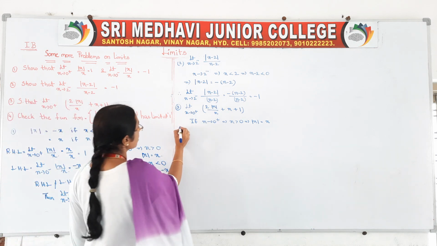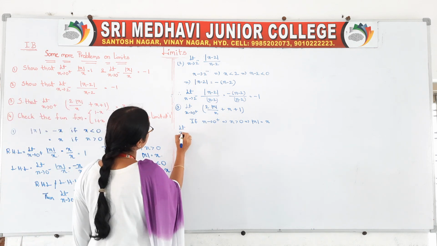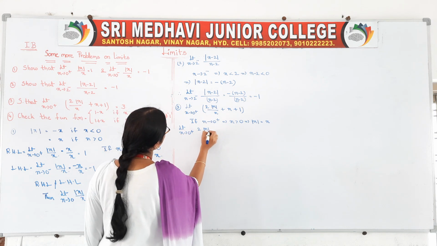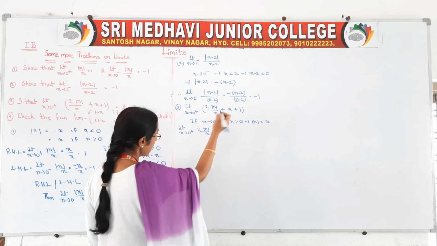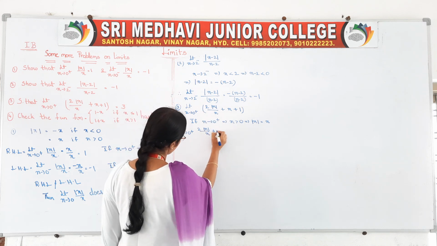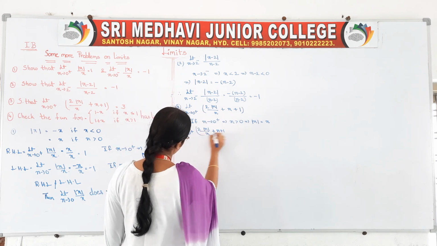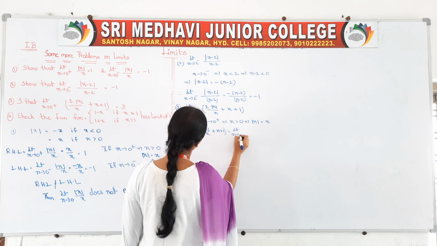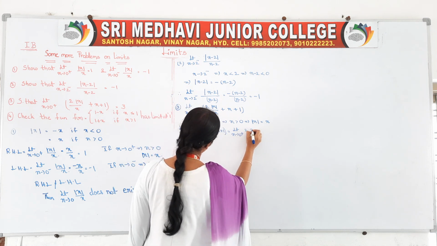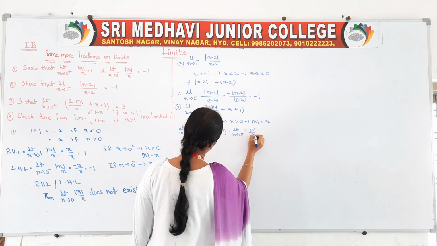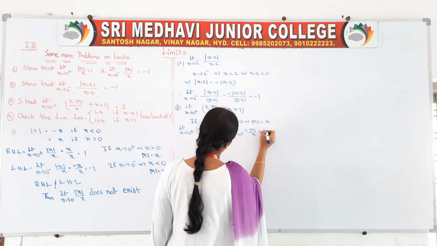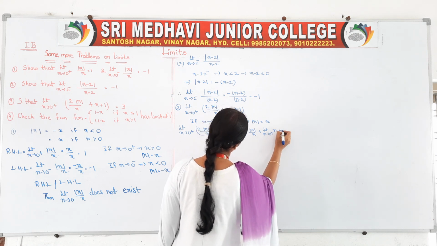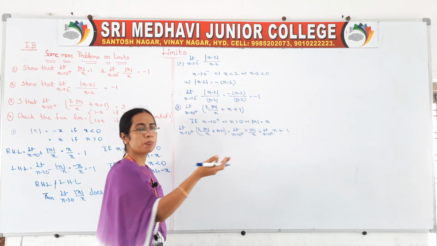So, now you take your question, limit x tends to 0 plus 2 mod x by x. Apply the limit separately for each and every term. So, it is equal to limit x tends to 0 plus 2 mod x by x plus limit x tends to 0 plus x plus 1. For 1 no need to apply the limit.